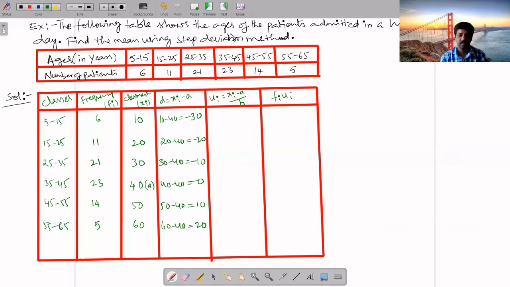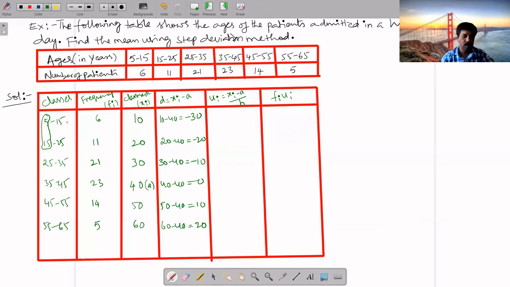ui. That means xi minus a by h. Here, how to find h? h means class size or class interval. How to find it? If you observe the classes, it is the difference between two consecutive lower limits. Here, if you take 5 and 15, the difference between 5 and 15 is 10.